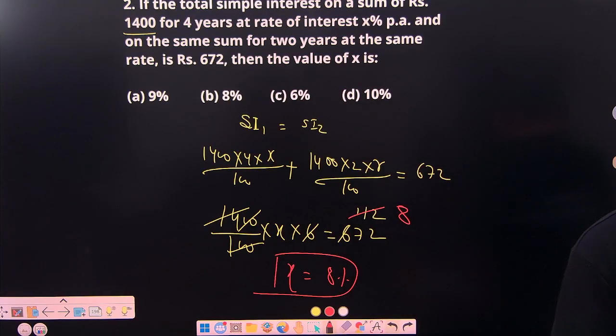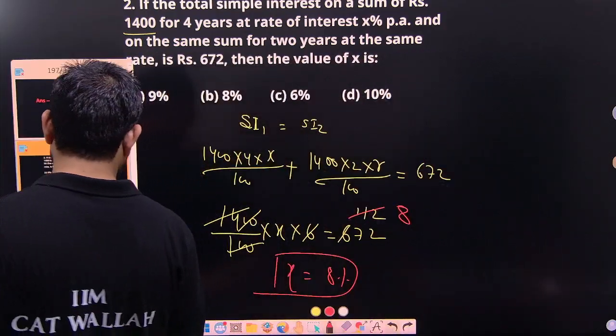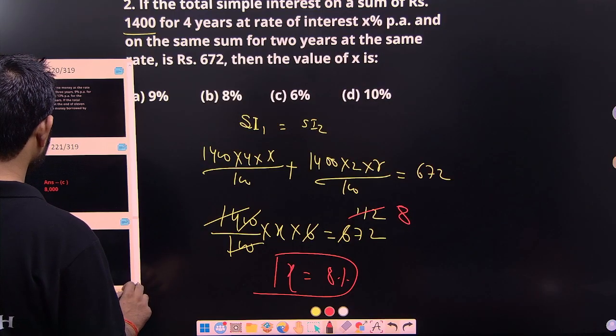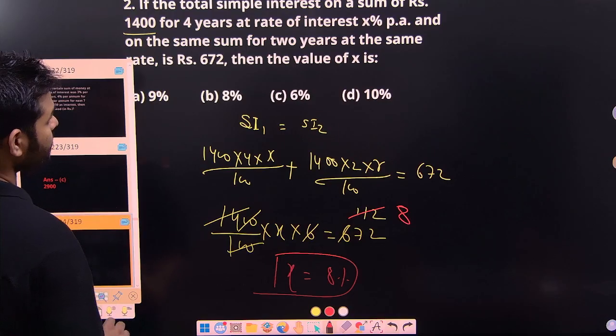Move on, type next one, type 10. The rest of the questions you yourself guys will do. These are just for your practice.